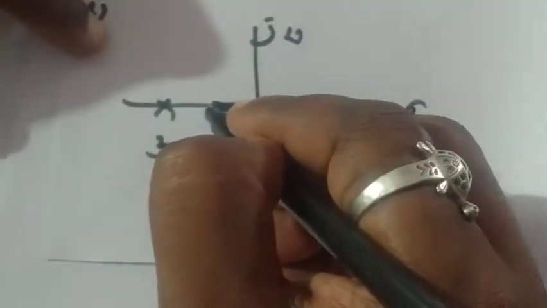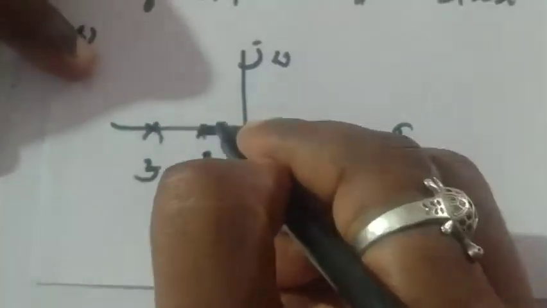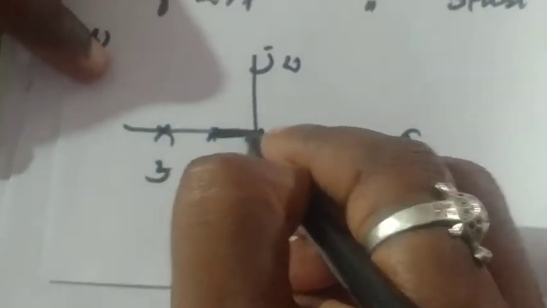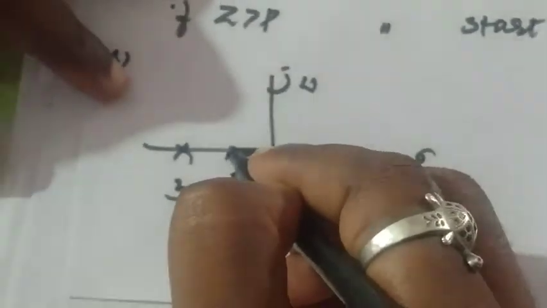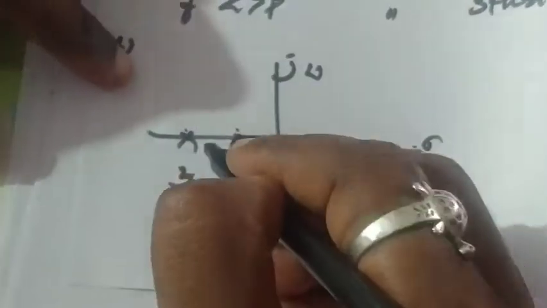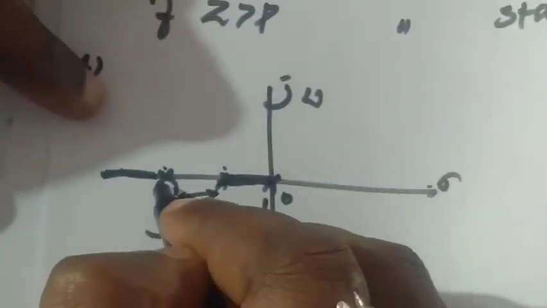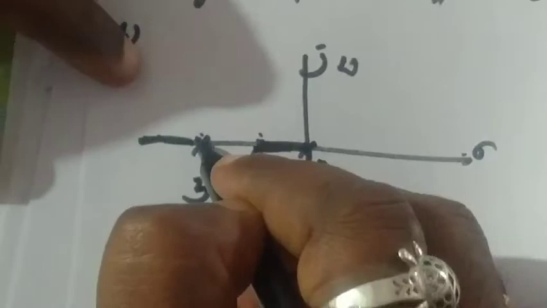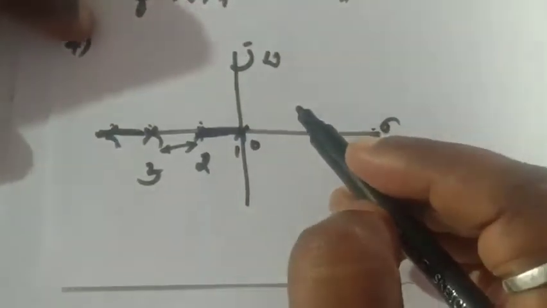So it should be odd. Now if you want to continue your root locus to here, how many poles will be there? Only 2 poles. So 2 is even, so the root locus from here to here will not be taken. If you start from here, what is the number of poles behind this path? 1, 2, 3. So this is like this. Okay, that is the meaning of the fourth rule.